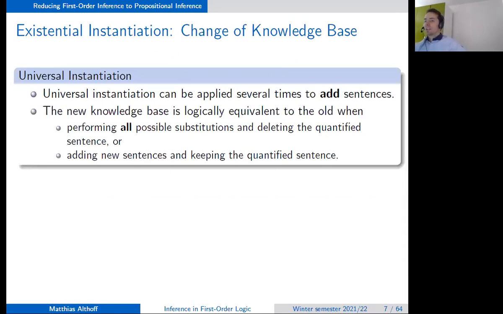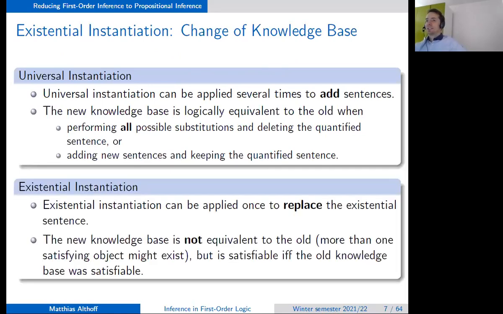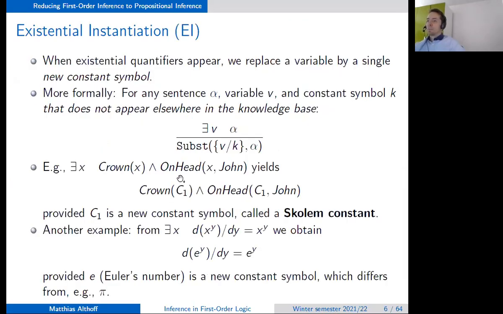For existential instantiation, we can only apply this once to replace the existential sentence. Once we've made this replacement, where we replaced x by C1, the sentence there exists x, crown x and on head of John, has to be removed, because it could be that C1 is the only possible solution.